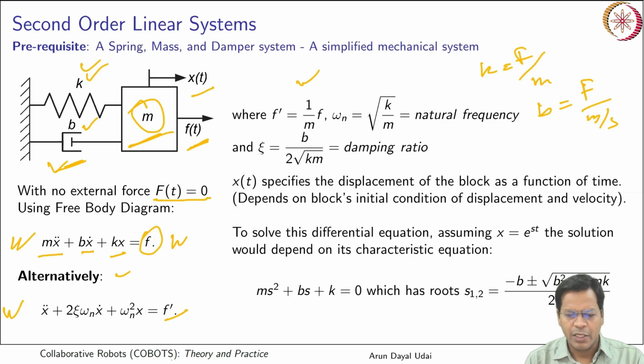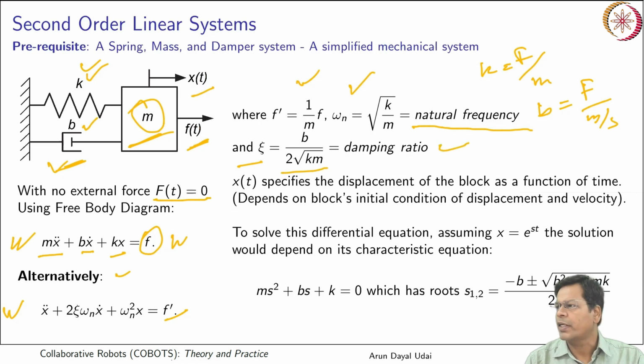Whatever is the behavior of f fed as an input, f dash goes in a similar way. Omega n is the square root of k by m, known as the natural frequency of the system. Xi is given by b by root over km, that is the damping ratio.